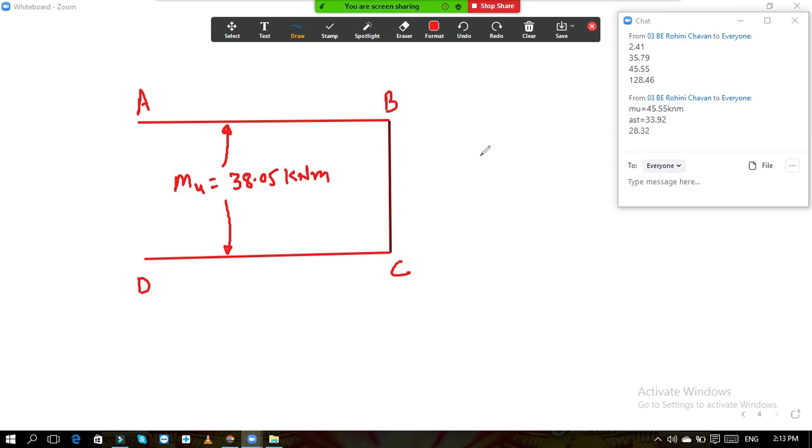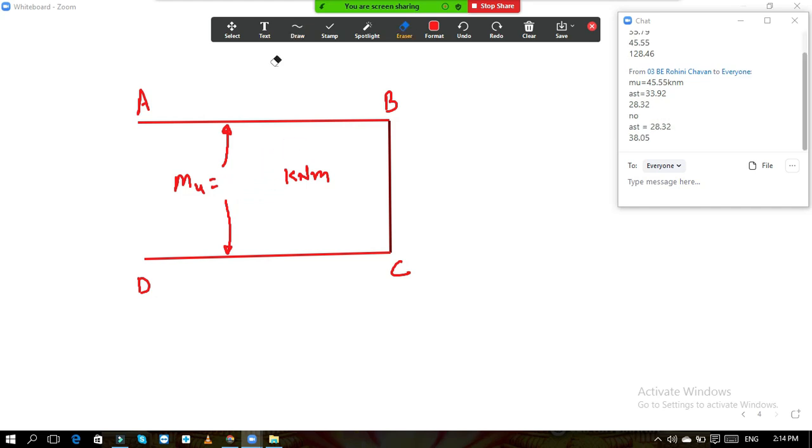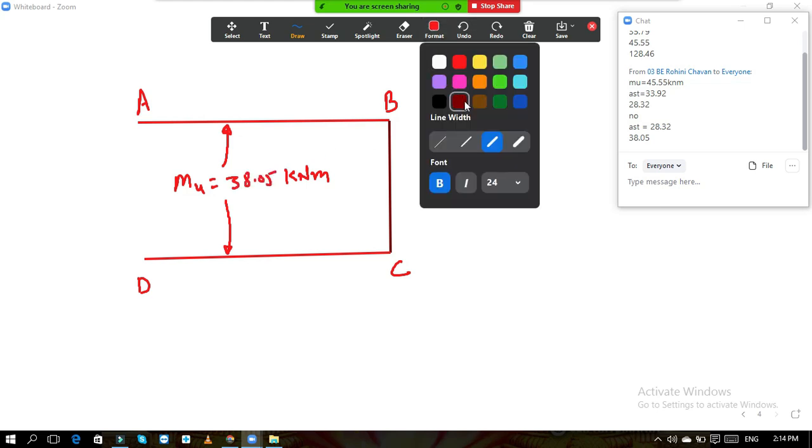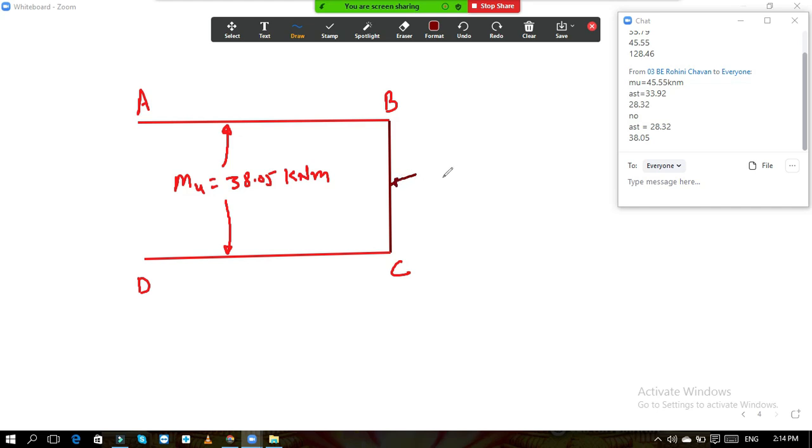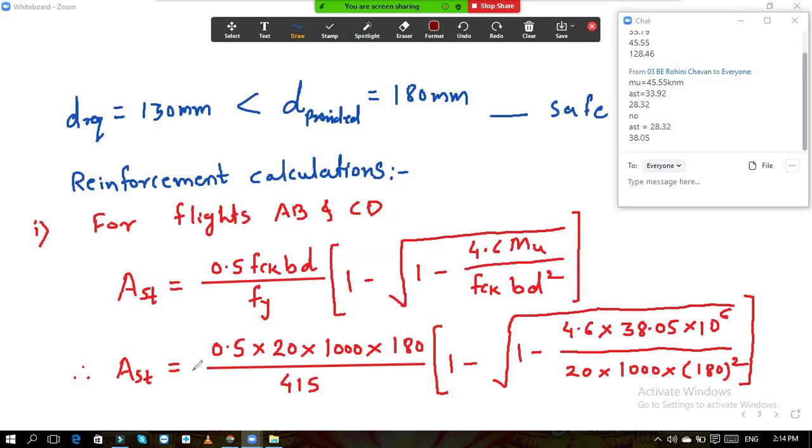This is 38.05 kilonewton meter for these two spans, and for this BC flight, the bending moment is 45.55 kilonewton meter. Now we are calculating the steel for these two, and after this we will move forward to calculate the steel for this flight.